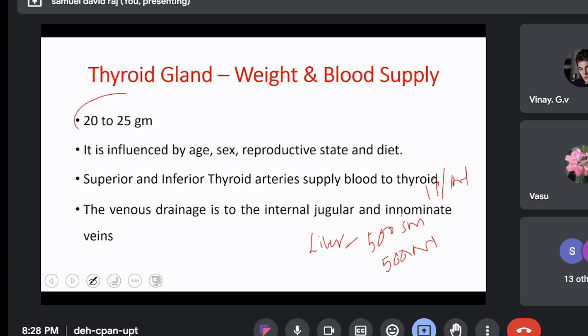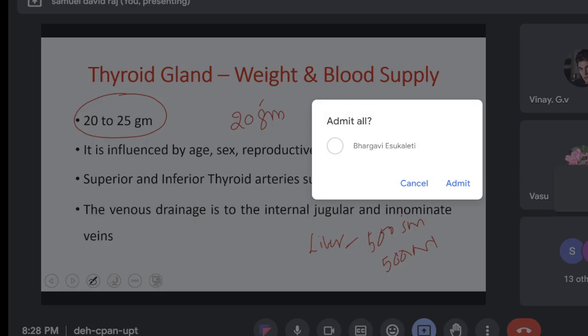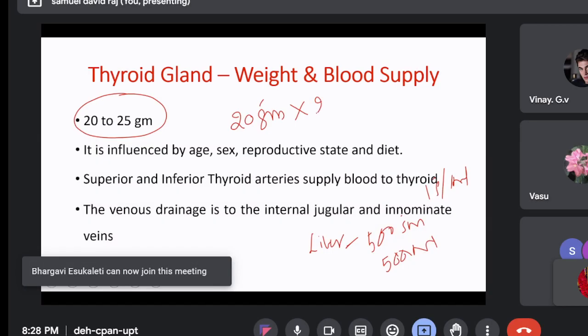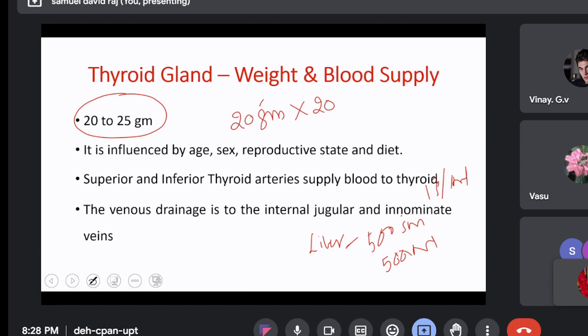If we take the thyroid gland, it is very small, only 25 grams, but it requires blood which is 20 times more than its weight. That means it requires around 400 ml of blood.